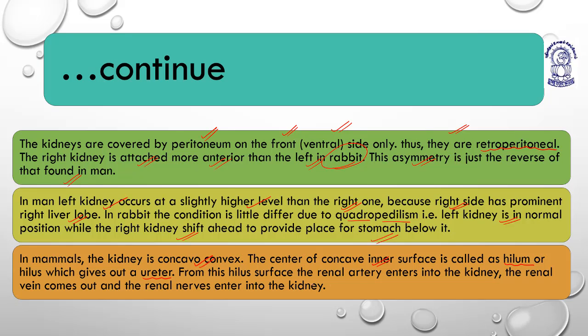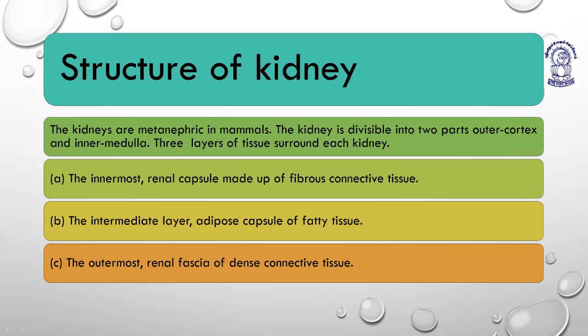From this hilus, the renal artery enters the kidney, the renal vein comes out, and the renal nerves enter the kidney.